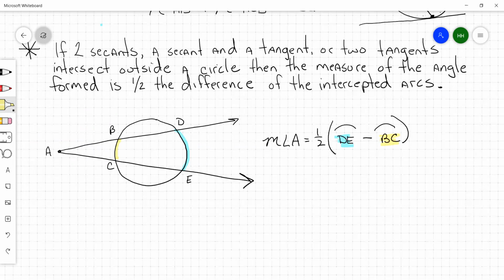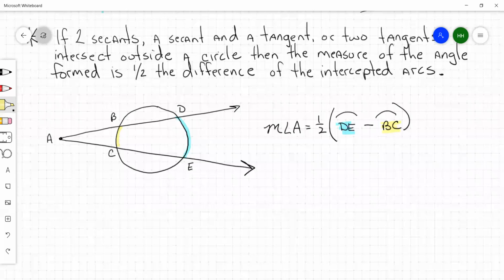If you don't do that, you'll get a negative difference, and if you multiply it by a half, you'll have a negative angle measure, and you don't want that. So angle A equals half of DE minus BC. There's your first situation.